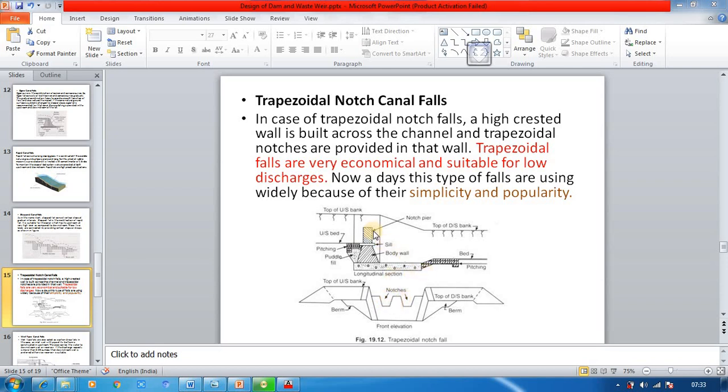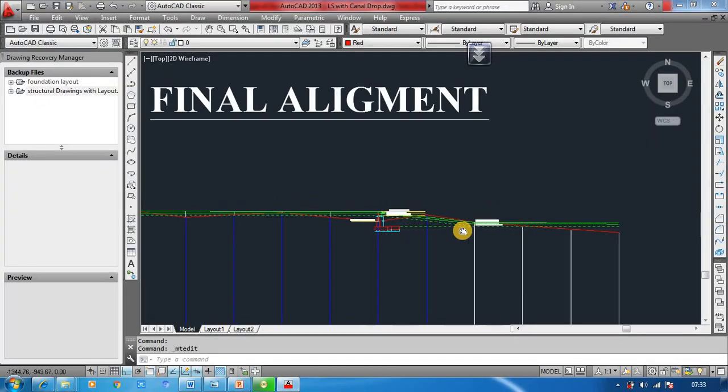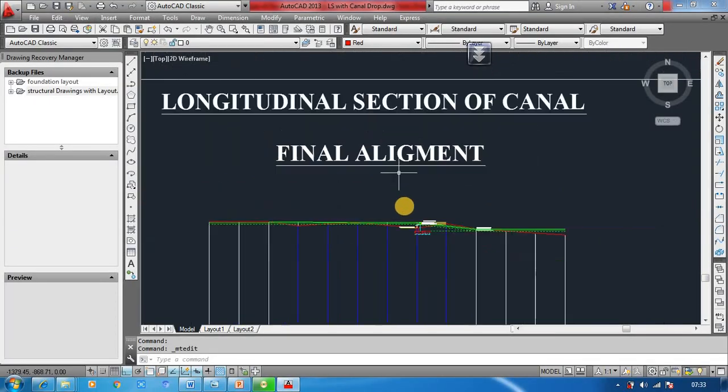In order to design this, we need the upstream bed level, upstream full supply level, and upstream top bank level, and similarly the downstream bed level, downstream full supply level, and downstream top bank level, and you have to get these from your longitudinal section final element.